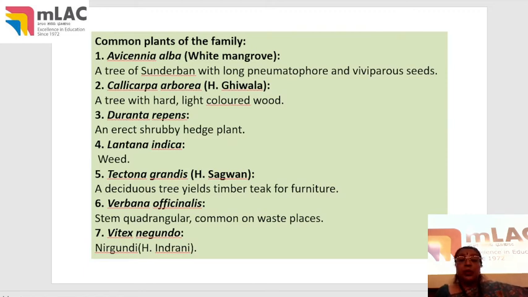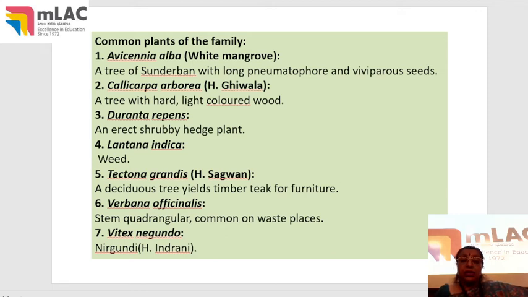Now, the commonly available plants are Avicennia alba, which is a mangrove plant found commonly in the Sundarban areas. Then you have Callicarpa arborea, a tree with hard, light colored wood, which also has medicinal importance. Duranta repens, which is generally considered a hedge plant. Then Lantana indica, which is a weed.